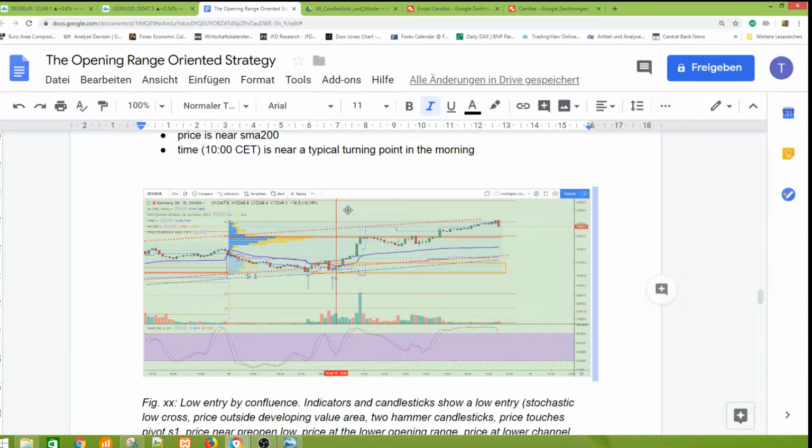And don't forget, it's hard when the right side is not drawn yet. You just have to spot these developing candles, and as soon as you see that it is a hammer, and the rest of the indicators are in confluence, you have to enter.